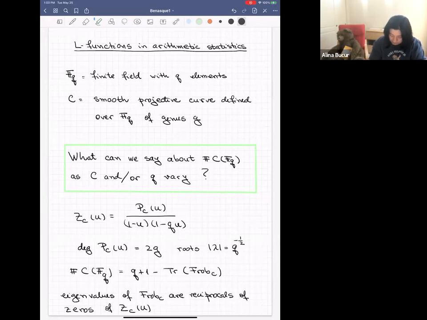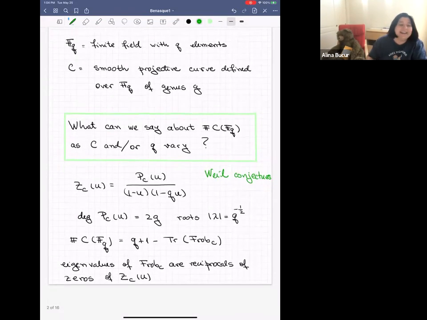So this is all Weil, and the Weil conjectures, which Weil himself proved in the case of curves. The number of points on the curve over F_q you can recover from the zeta function, and it also has a connection to the eigenvalues of the Frobenius associated to this curve.